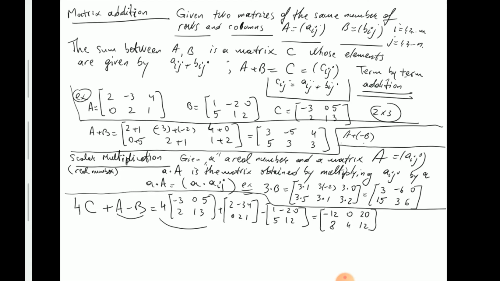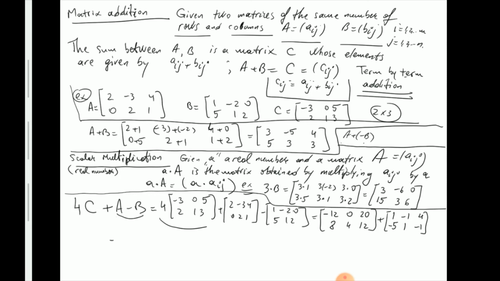There's that, and then let's do the difference between A and B. Here again, we have to pay attention to the signs. 2 minus 1 is 1. -3 minus -2 makes it -1. 4 minus 0 is 4. And then 0 minus 5, it's -5. 2 minus 1 is 1. And then 1 minus 2 is -1.